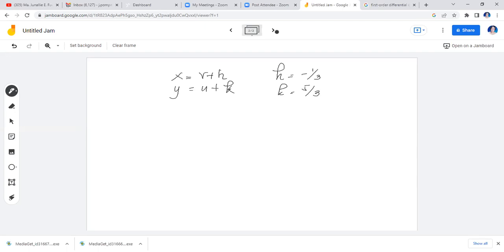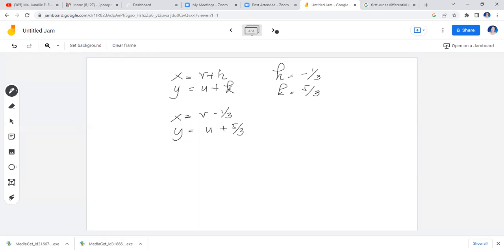So now it follows from here that x is equal to v minus 1/3 and y is equal to u plus 5/3. Now, just like in the method of substitution, whenever you substitute a new variable for an expression, you're going to differentiate that equation.